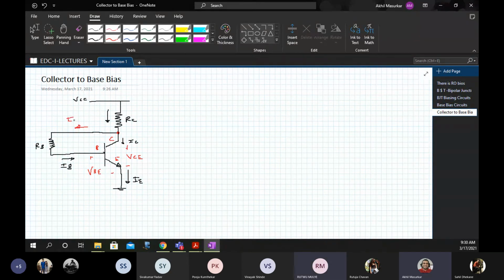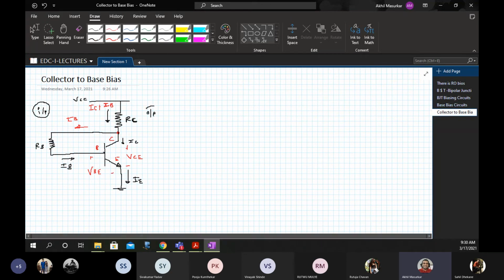What is flowing here? IB. So the current flowing through RC will now not be IC, it will be IC plus IB. So that is the small change. So again, this is your input side. This is the output side.